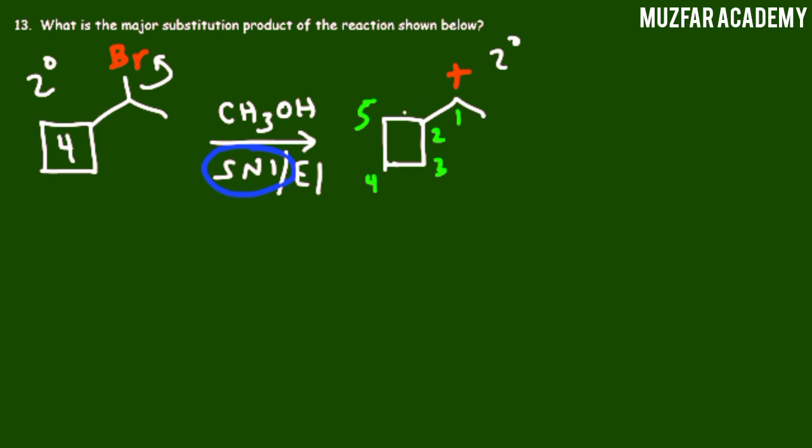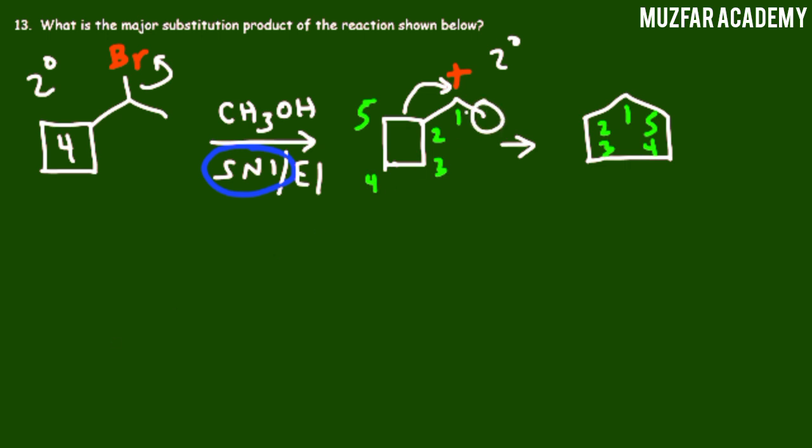So the electrons that connect carbons 2 and 5 are going to be used to connect carbons 1 and 5 together. So we're going to get a 5 carbon ring. Let's call this carbon 1, 2, 3, 4, and 5.